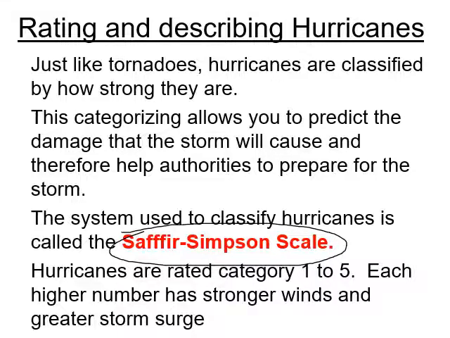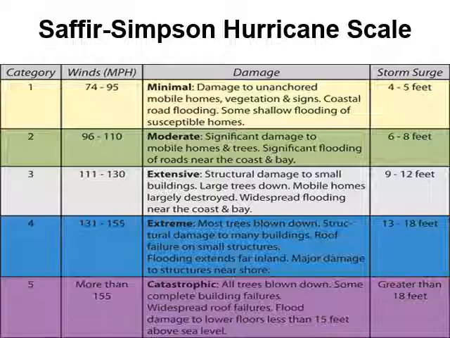It's a system rated on numbers 1 to 5, with 1 being the weakest hurricane and 5 being the strongest. Each higher number of hurricane has stronger winds and hence a greater storm surge, because more wind is going to push more water onto shore. And remember, it's the water that's the problem with the hurricane, not necessarily the wind.